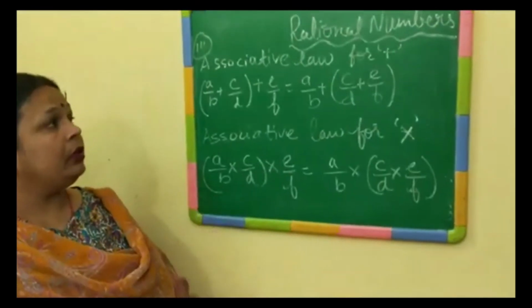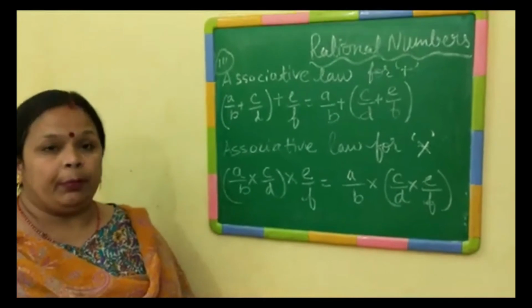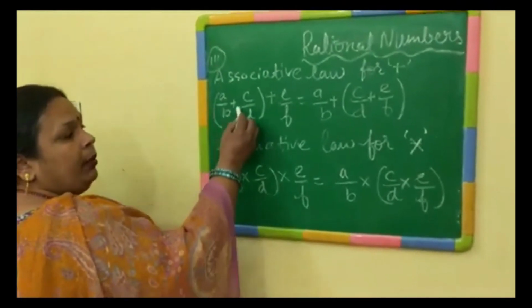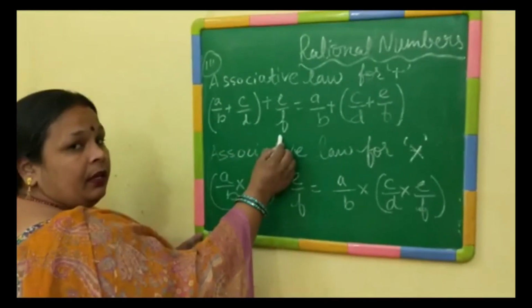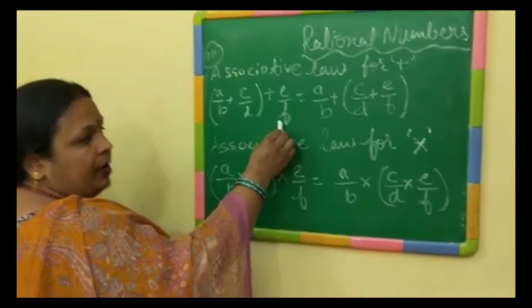Okay? The third property is the associative law for addition and for multiplication. Here A by B, C by D, E by F are three different rational numbers.